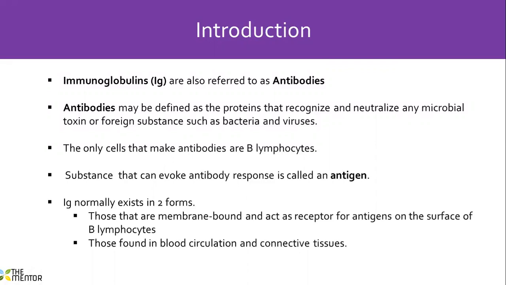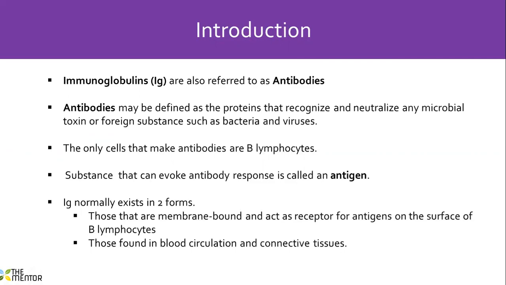Immunoglobulins usually emanate from B lymphocytes. So the B lymphocytes, once they mature and are activated, release these immunoglobulins. Not just any substance can evoke antibodies, even though we've said that antibodies act against certain foreign substances.